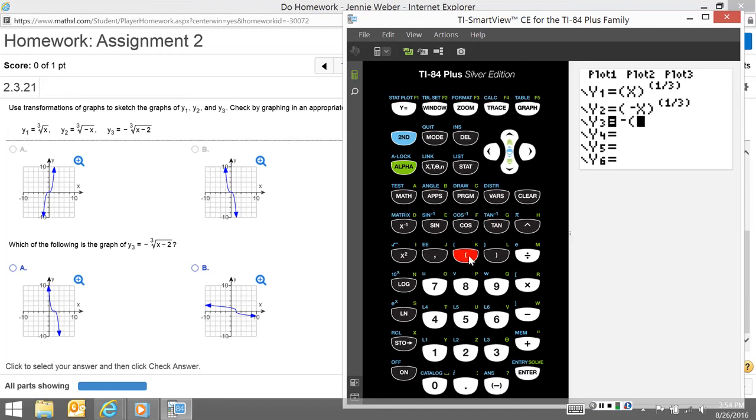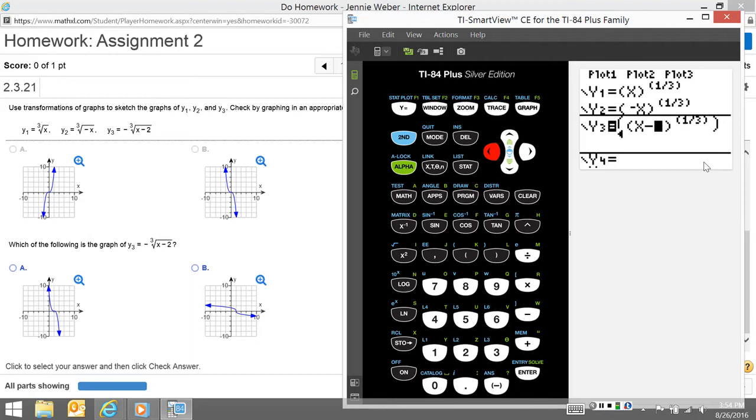So I'm going to do x minus 2 to the 1/3. And then I'm going to go over 1 because I wanted to get out of the exponent. So I made sure that my negative was outside of everything else.